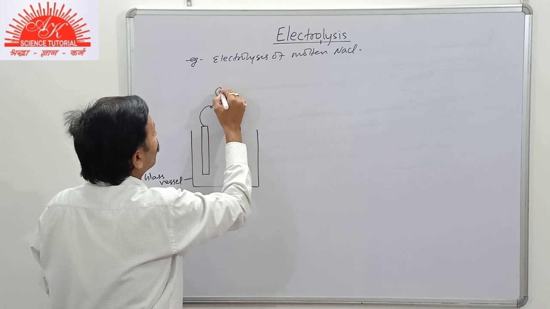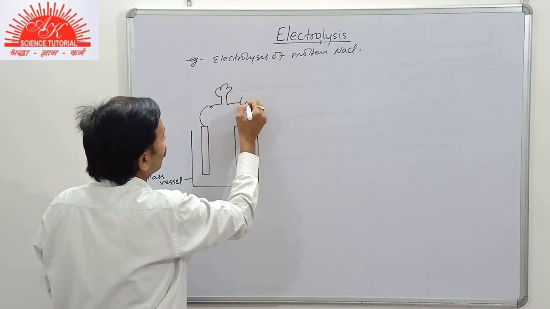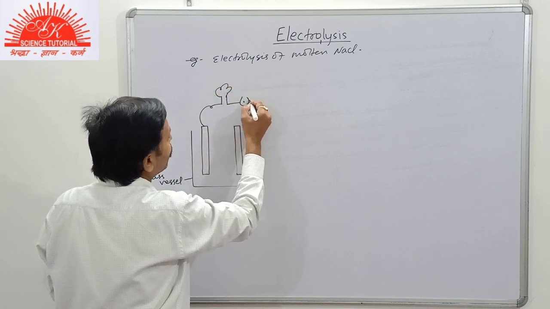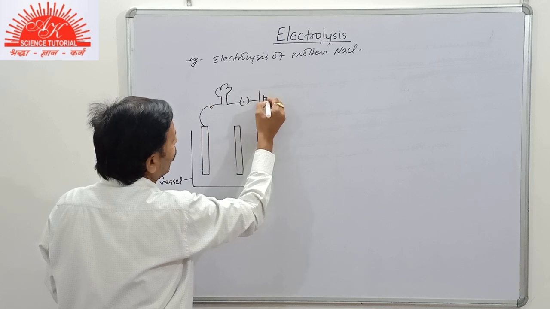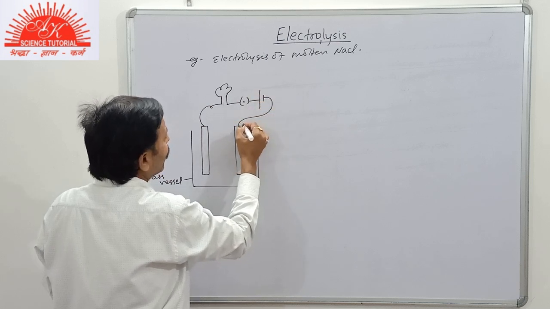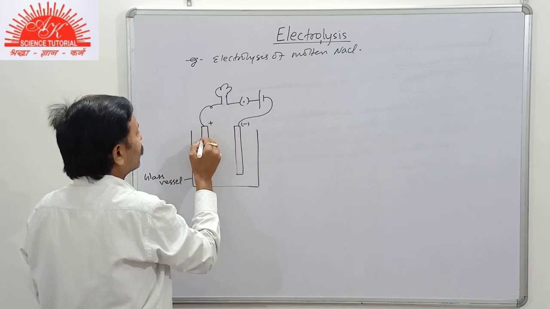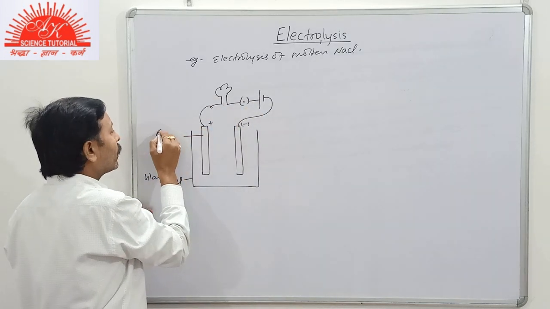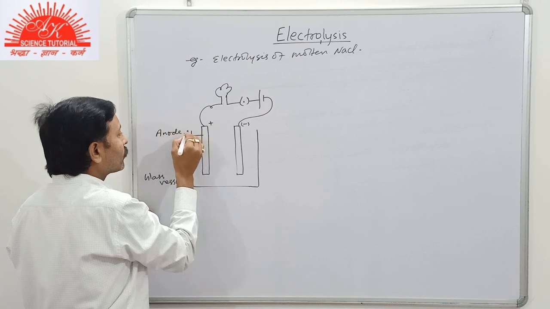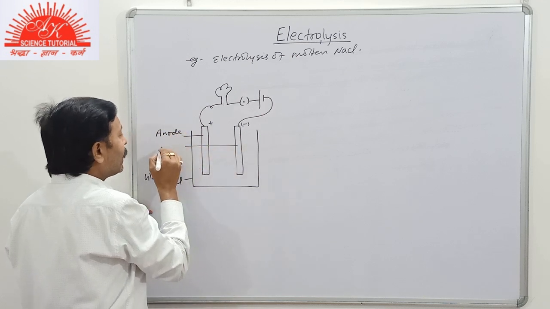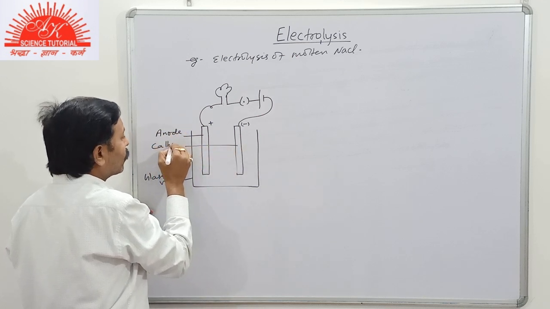Now suppose we also connect a bulb, complete the circuit using a key switch and a battery. This is the negative electrode, this is the positive electrode. The positive electrode is called anode and the negative electrode is called cathode.